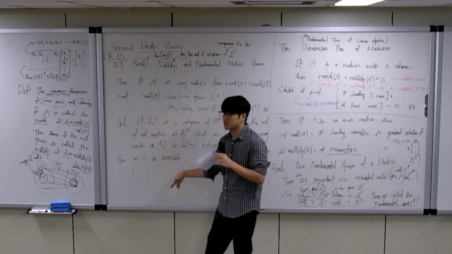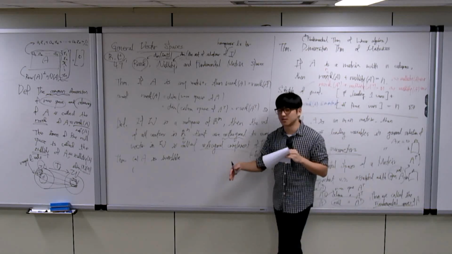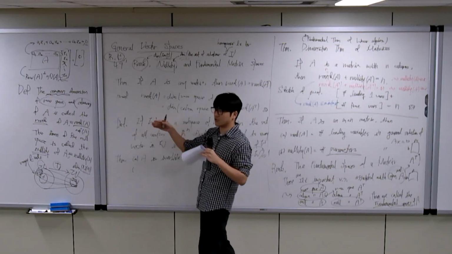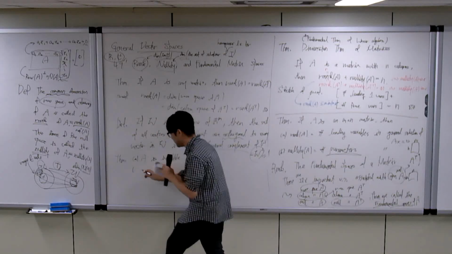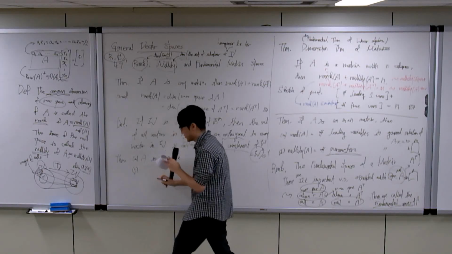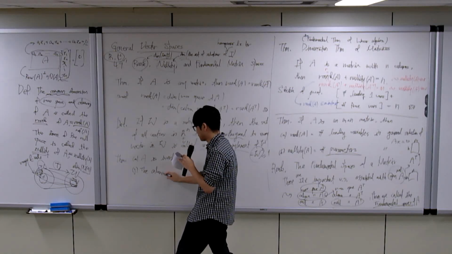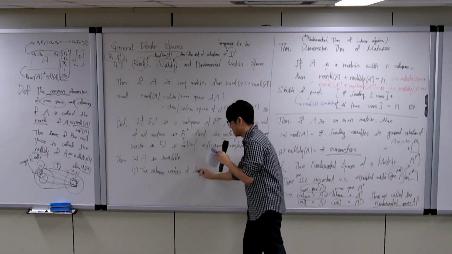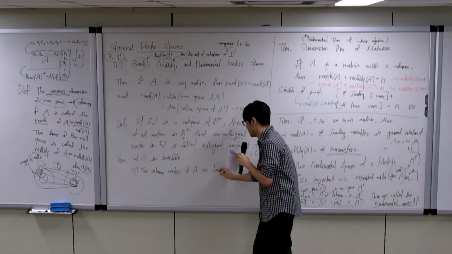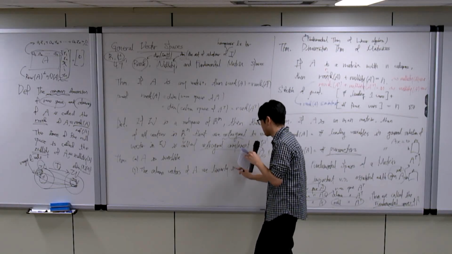We have seen that the matrix A being invertible is equivalent to the determinant being nonzero, or the reduced row echelon form being the identity matrix. We have seen these properties, and I will add some more equivalent properties. The column vectors of A are linearly independent.